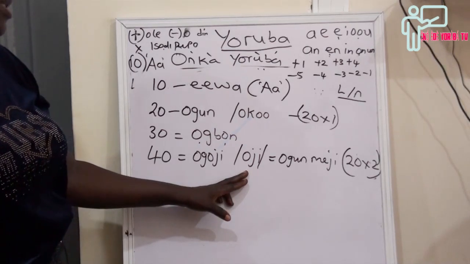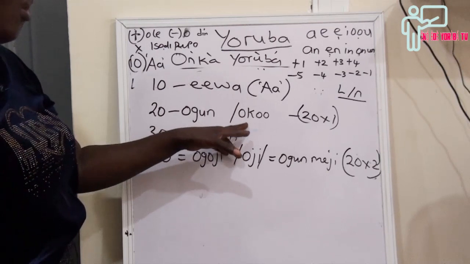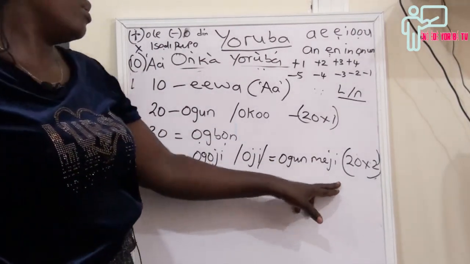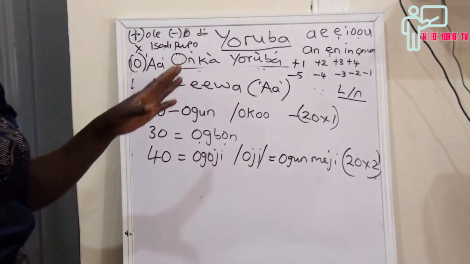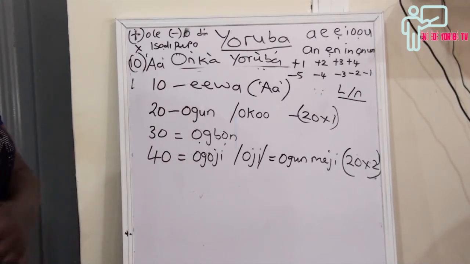Another name for it is òjì, because we still also make use of it. Okòó, we still make use of it, which is ogún méjì, 20 times 2. So we are now go for between 40 and 50 now.